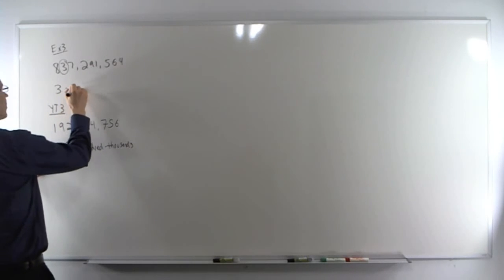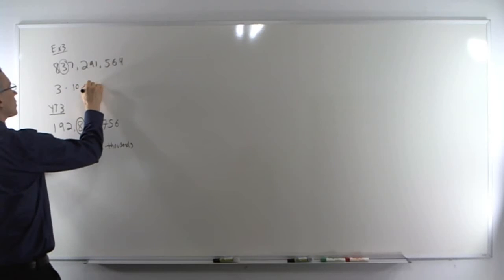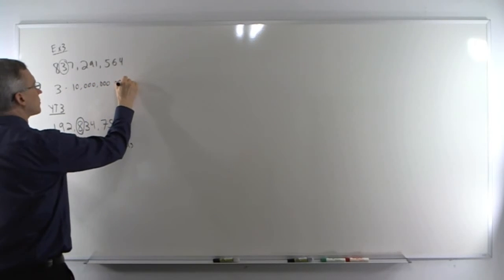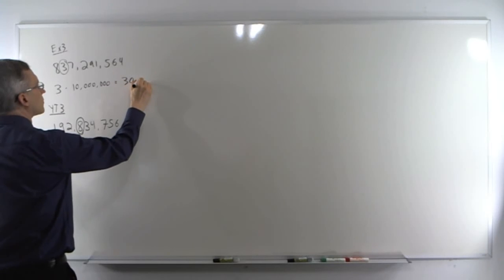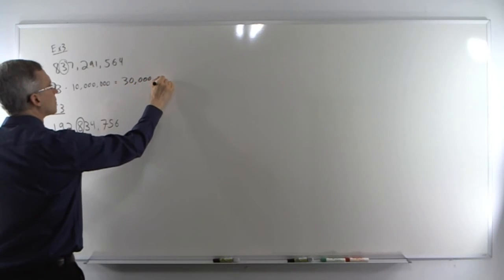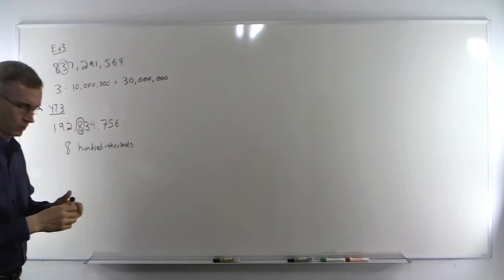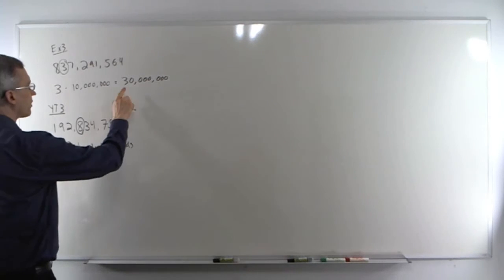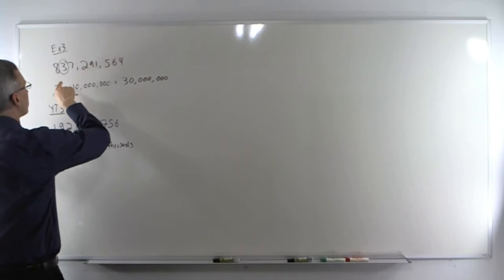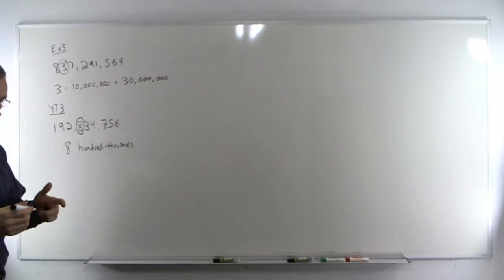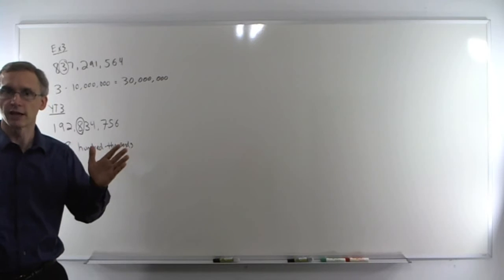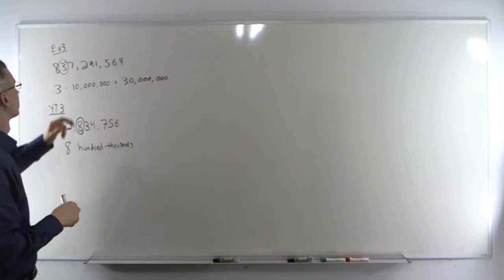So it would be 3 times 10 million, or 30 million. So the value of this digit in this number is 30 million. And we saw that when we went to expanded notation, when we were adding all those together, this one would be 30 million.